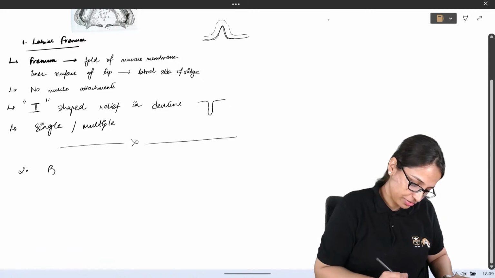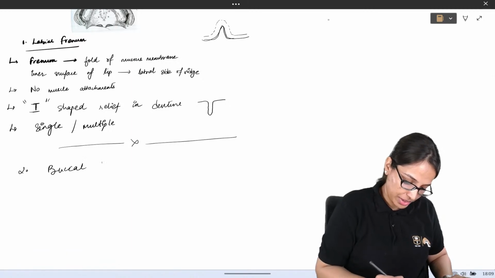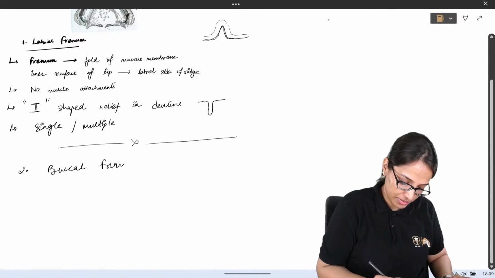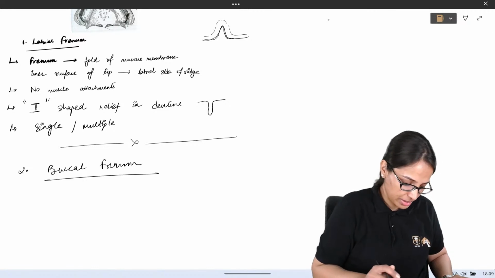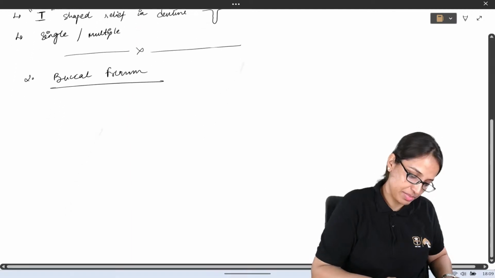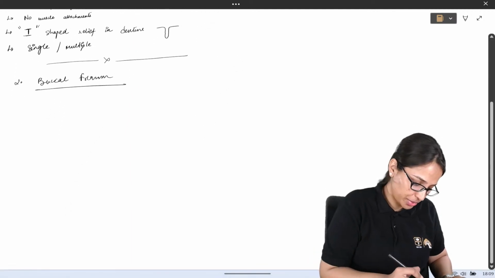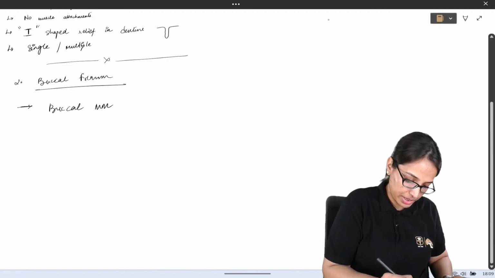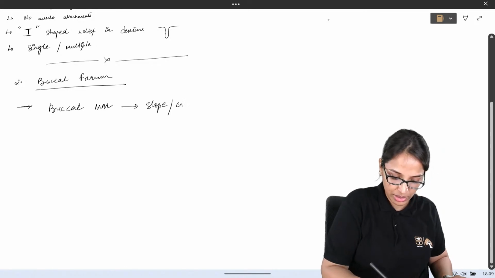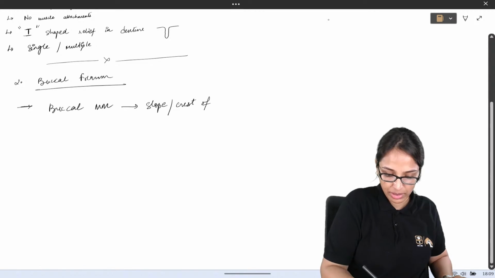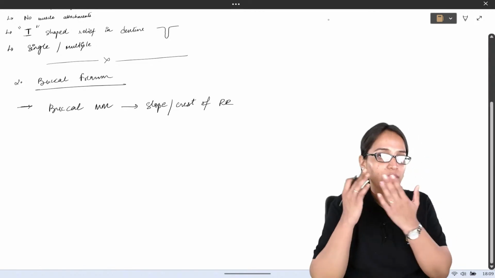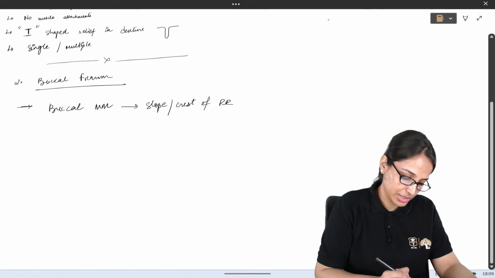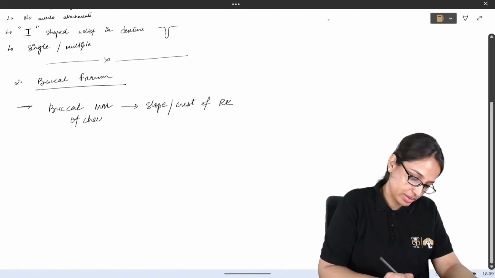The second limiting structure, if we discuss the second frenum, is your buccal frenum. Now, this is a very important frenum. Again, the meaning of frenum is the same. It is a fold of mucous membrane. Where does it extend from? From the buccal mucous membrane to the slope or the crest of the residual ridge on the buccal aspect, or on the aspect of the cheeks.